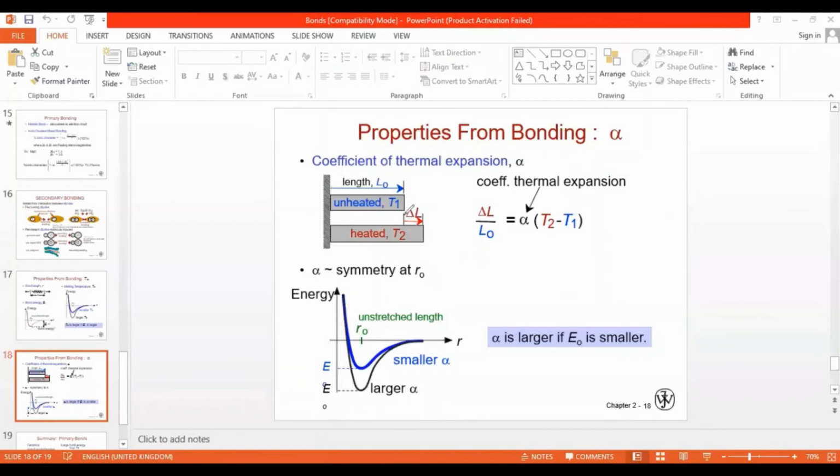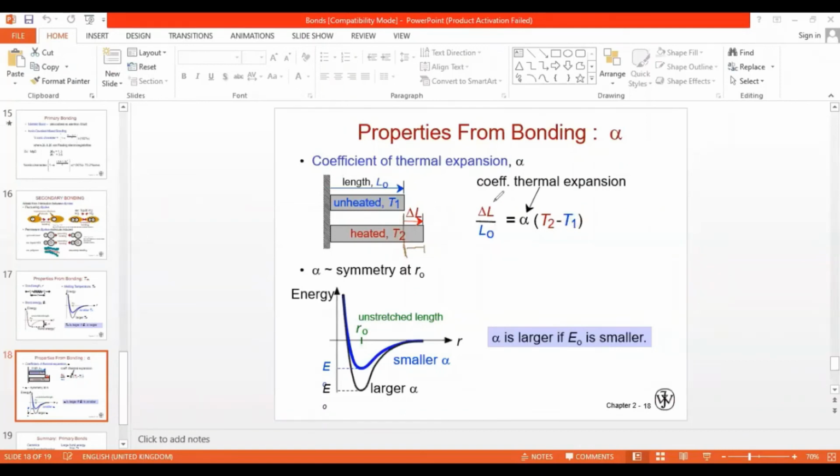This increase in length is delta L. Here the heated temperature is T2. The new length of the metal is calculated by this formula: delta L upon L naught is equal to alpha times T2 minus T1.